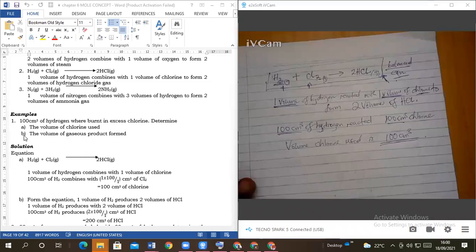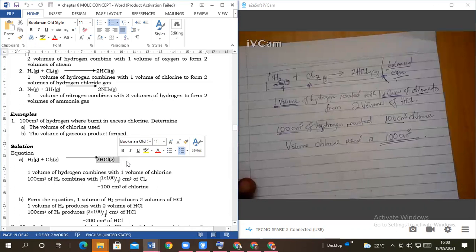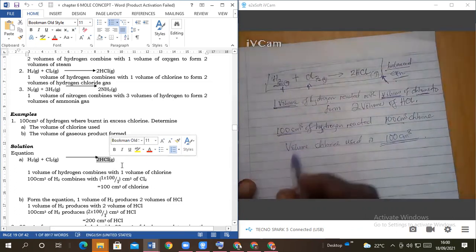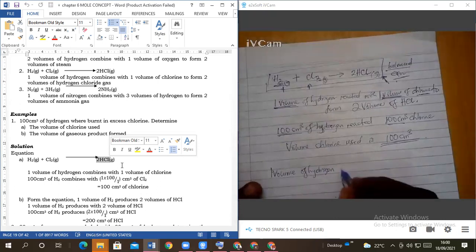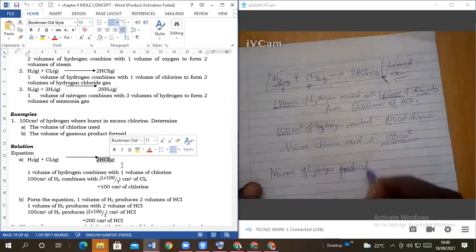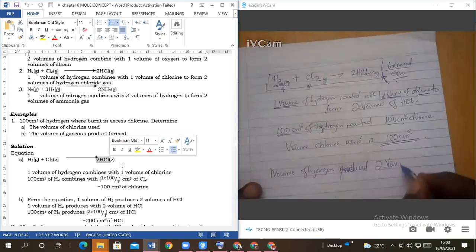The second question, B, says the volume of the gaseous product formed. Where is the gaseous product formed? It is this one. The volume of the gaseous product formed is this one. So you say they gave you hydrogen. So you say 1 volume of hydrogen reacted, produced 2 volumes of hydrogen chloride.